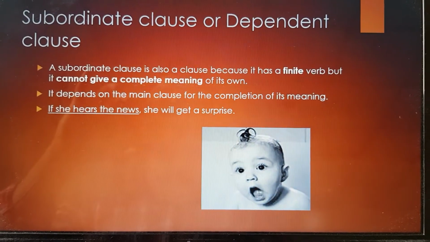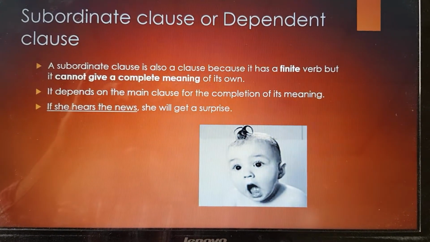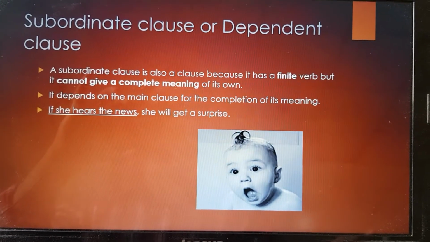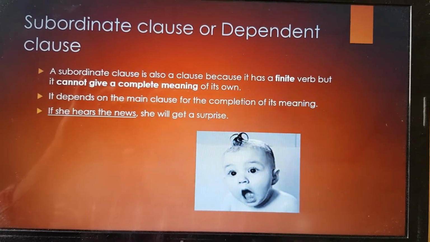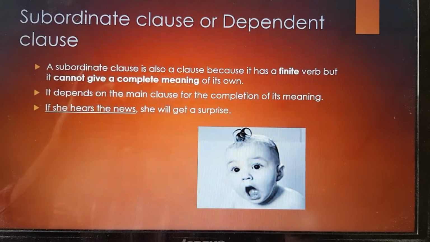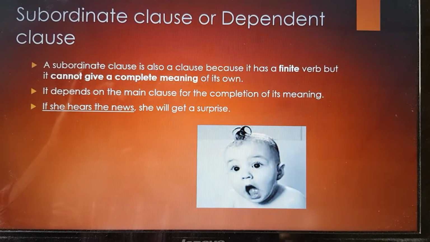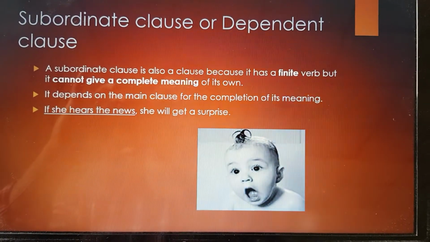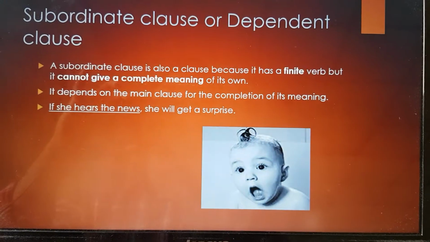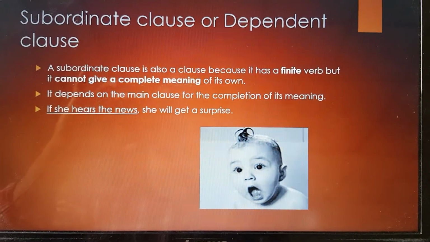So it depends on the main clause for the completion of its meaning. If she hears the news, what happens? She will get a surprise. So if she hears the news is the dependent clause, whereas she will get a surprise is the main clause. It always depends on the main clause.